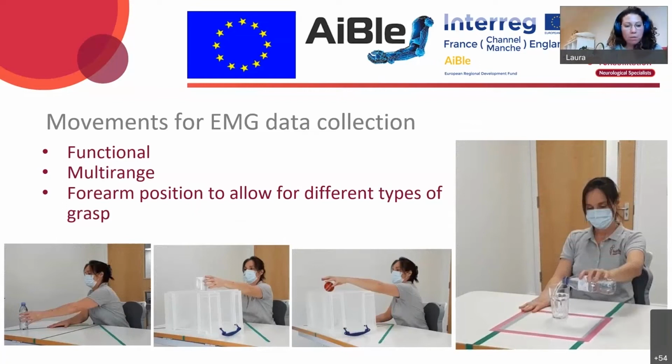So thinking about the types of movements, we collaborated really closely with our French partners and decided to keep the movements as meaningful to everyday tasks as possible for the patients. So therefore we used reach and grasp movements and based them on functional tasks that would be experienced repetitively on a daily basis, such as reaching for a glass on the table in front of them, reaching onto a raised surface like a cupboard.